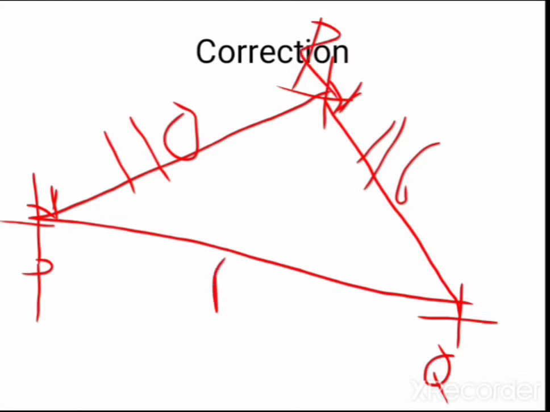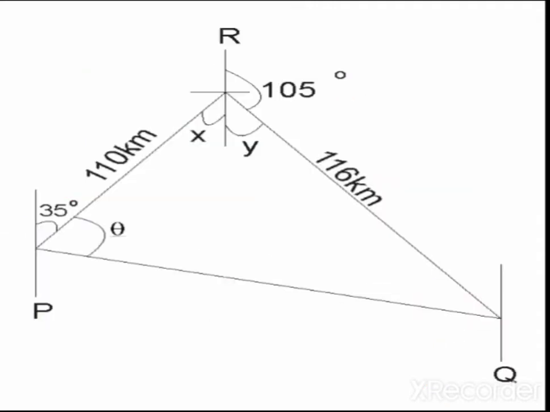So here will be a small arrow. This will be lowercase p, and this will be lowercase q. So let me transform this so I can have a better view of it. Yeah, this is it.